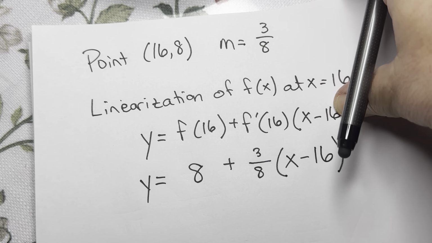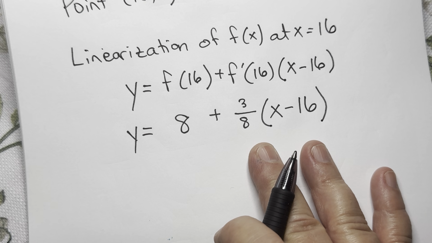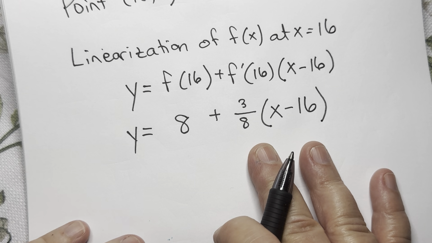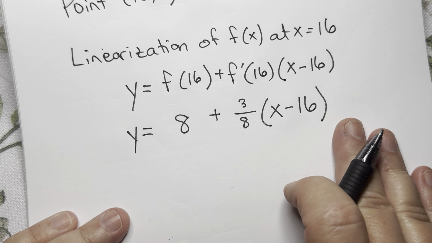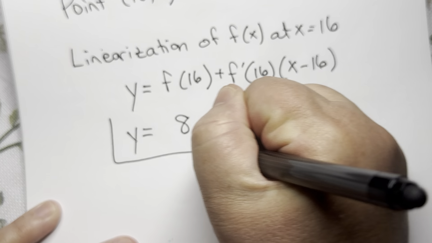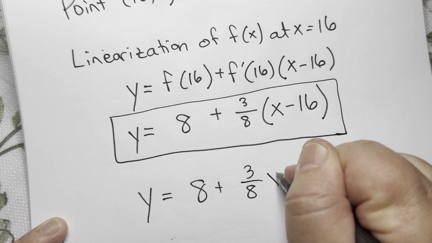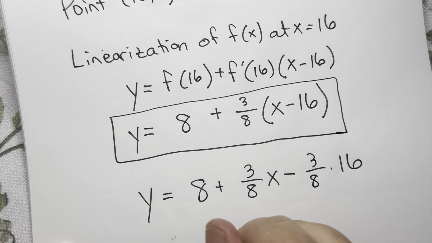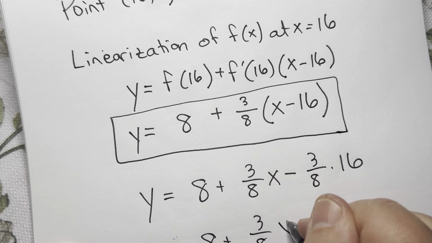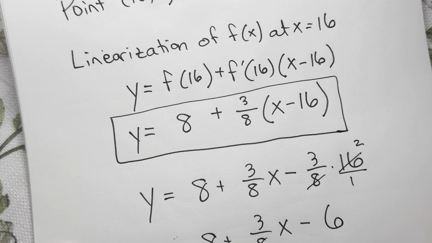Now, technically, that's the formal way of writing it. You can also multiply, and if you do, you'll get to slope intercept. So what does that mean? Well, this is the linearization, and frequently we stop here, but if you kept going, I multiply through the 3/8 times each of those, and the 8 cancels the 16, and we end up with minus 6.